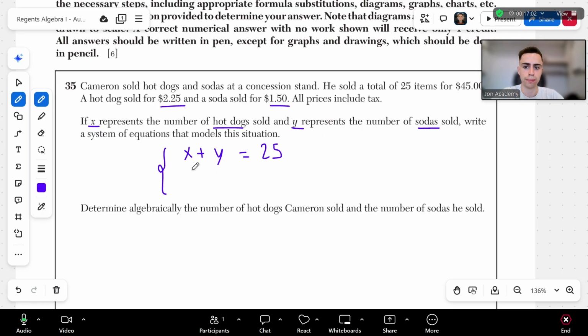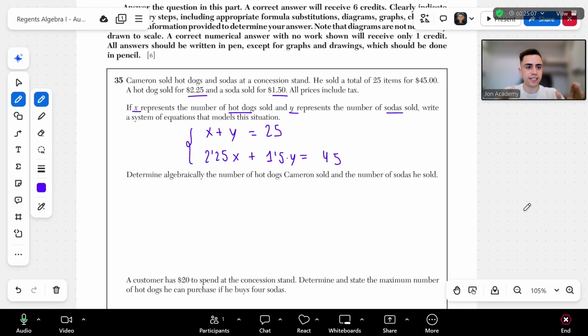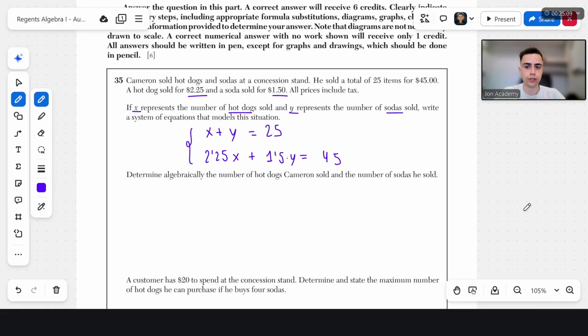And now the one with the price is gonna be using the pricing for each of them. So 2.25 times the number of hot dogs, which is x, that's the amount we can make out of the hot dogs, and 1.50, the price of the sodas, times how many sodas. That has to be equal to 45. That's the total revenue. So let's now solve the system by substitution.